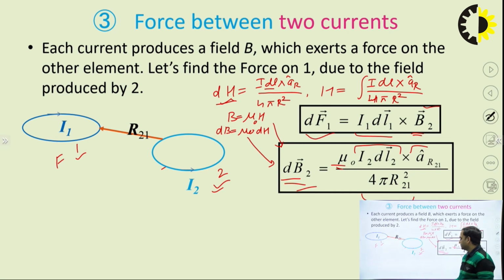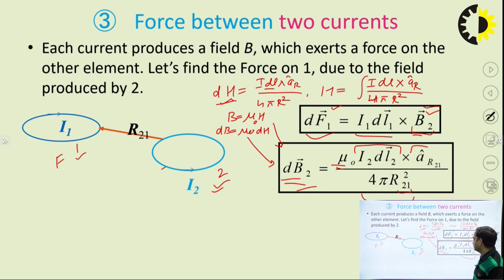The important point here is to find B2 first, right? For finding this dF1, B2 must be known to us. So it would be helpful to use the Biot-Savart's law: dB2 is equal to mu naught I2 dL2 cross aR21, from 2 to 1.